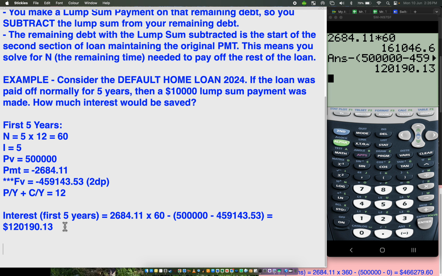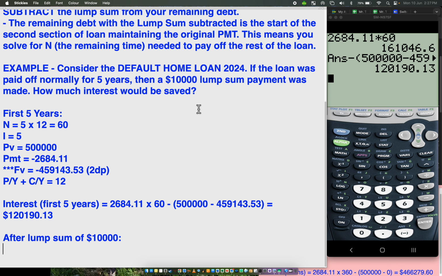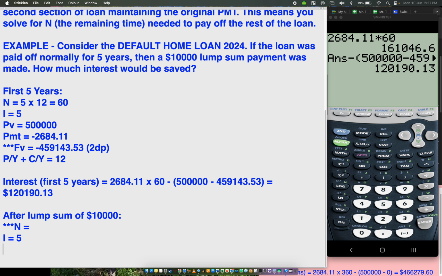Now, after the lump sum of 10,000, we're pretending that I'm putting 10,000 towards the loan. So we want to work out how long it's going to take to pay off the loan, which is solving for n, if the interest rate stays the same, but I'm paying off the $459,143.53 that I owed, take away the 10,000 that is reduced by the lump sum that I put towards the loan.